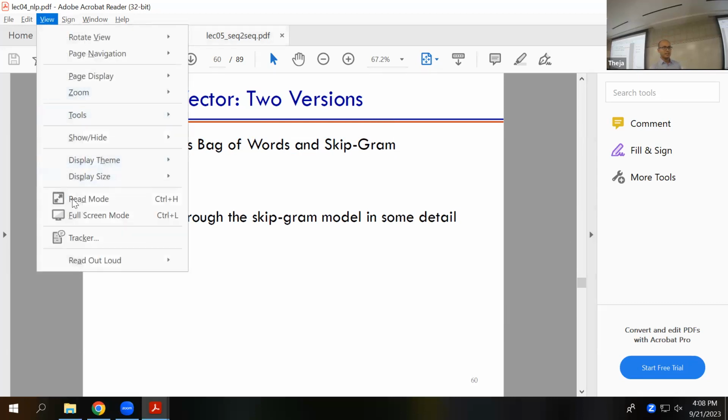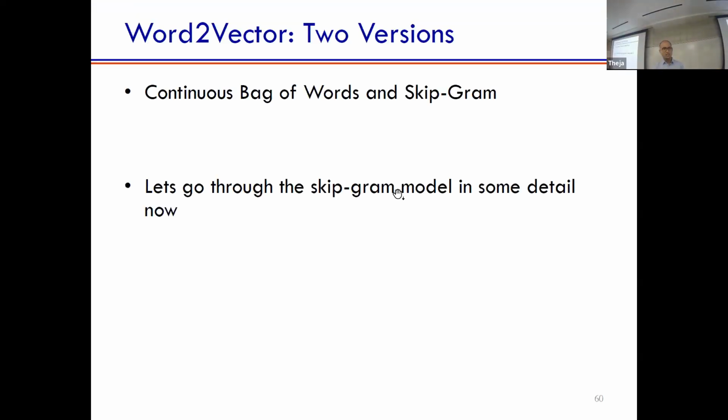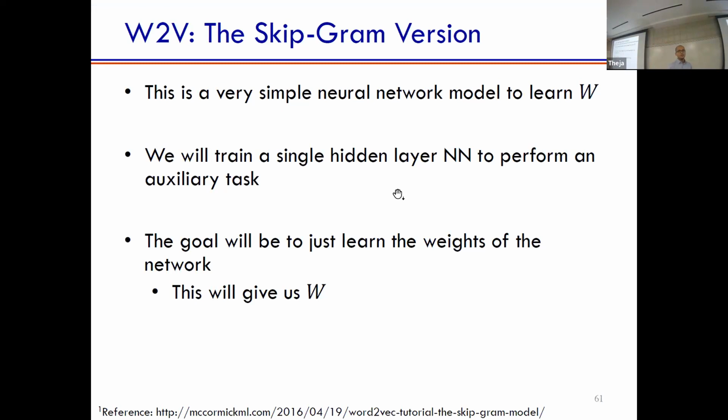Let me make it full screen. So we have a classification problem that we want to do well on, and as a byproduct, we want to get the word vectors. What we'll do is train a single hidden layer neural network, the type of neural network we saw in lecture 1 or lecture 2.